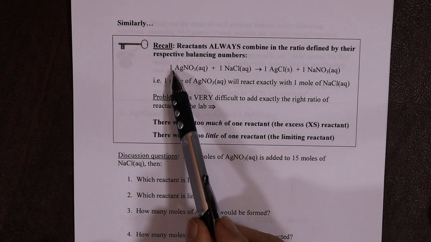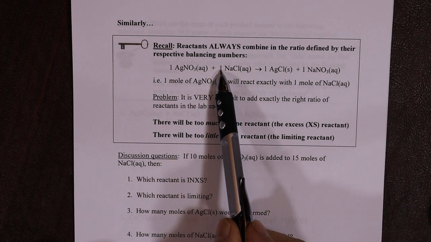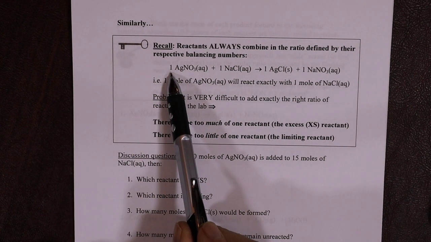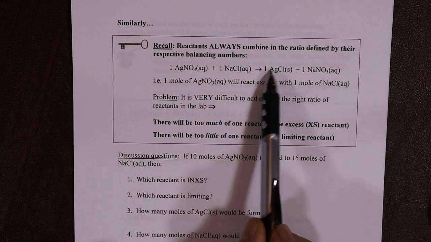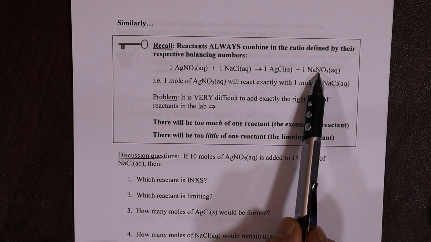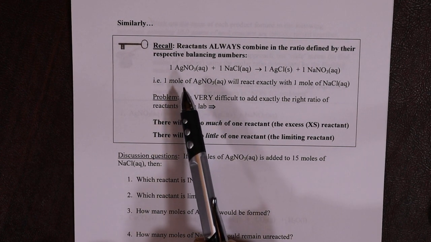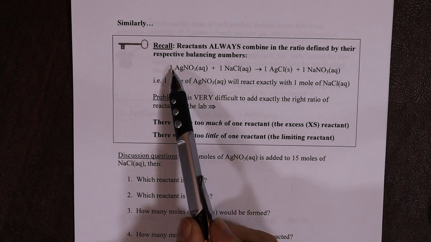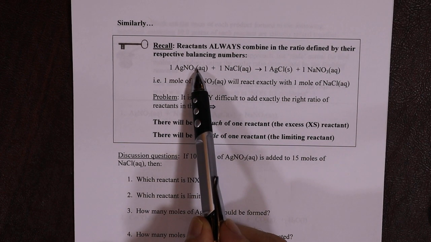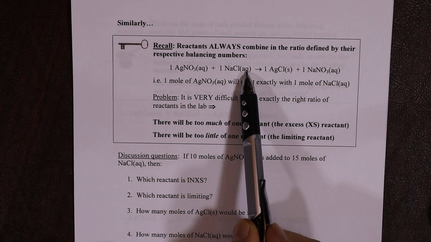Before it was 1 ham and 2 bread makes 1 sandwich. Here we have 1 reacts with 1 to make 1 and 1. So it's the same kind of idea. If we want to be absolutely perfect, we put exactly 1 mole of this in a test tube with exactly 1 mole of this.